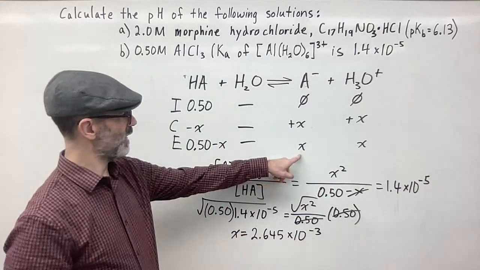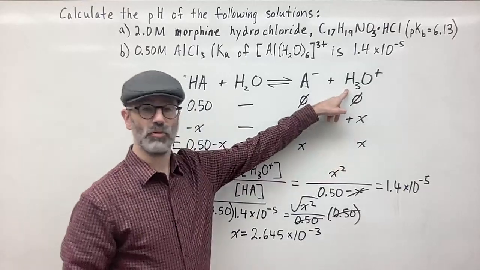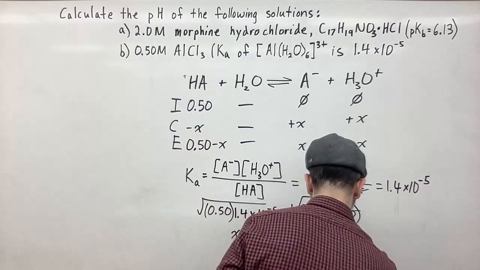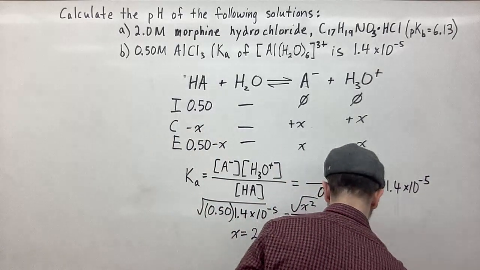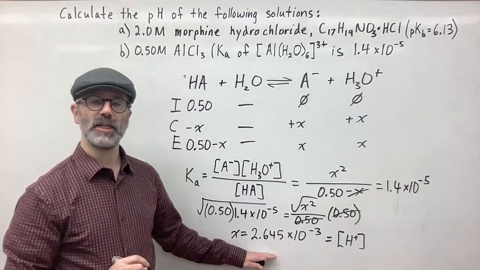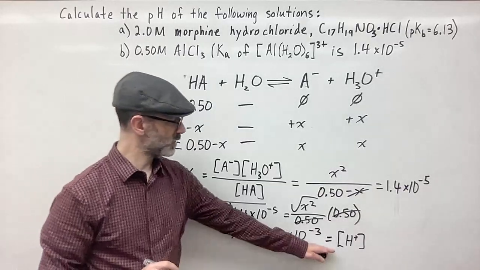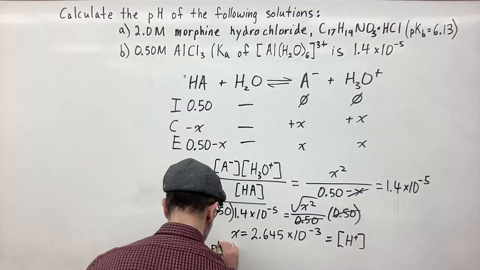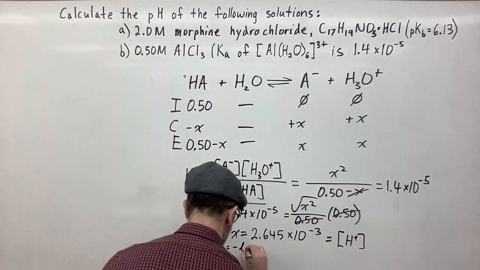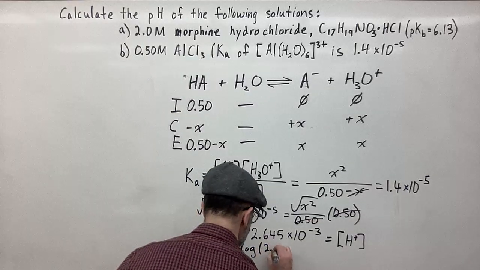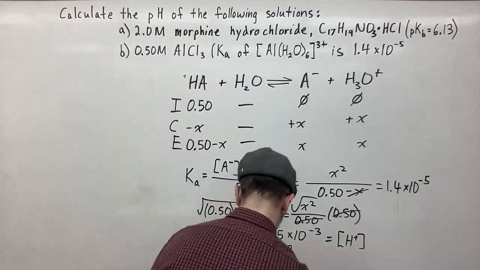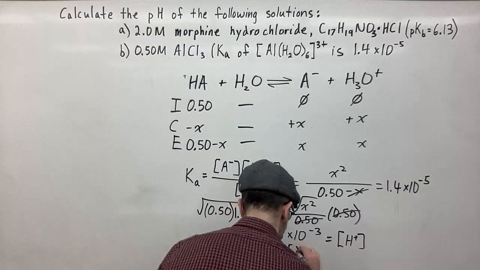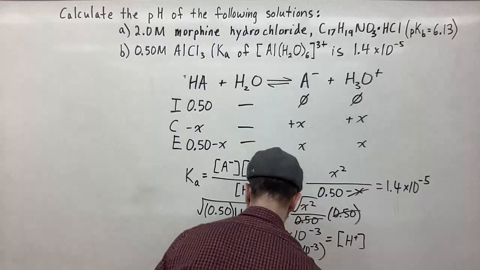Since that's x, and x is equal to the concentration of the hydronium ion, H plus, we can find the pH by taking the negative log of the H plus concentration. So the pH is equal to the negative log of 2.645 times 10 to the negative 3.